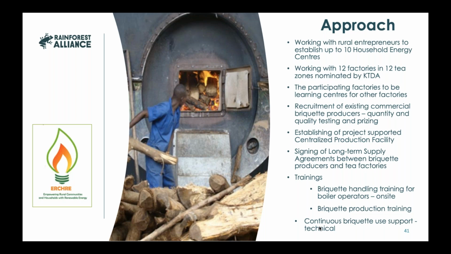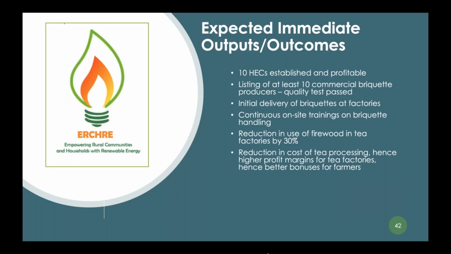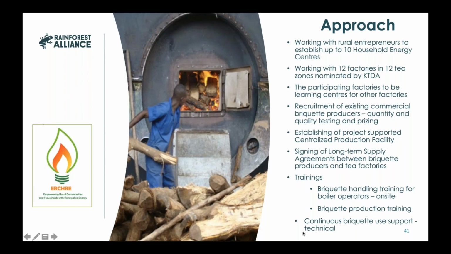KTDA has divided their operation areas into 12 zones, and we would like to have one factory per zone to pilot this shift from firewood to briquettes, so that the rest of the factories can learn from these pilot factories and perhaps implement the shift in their own factories.